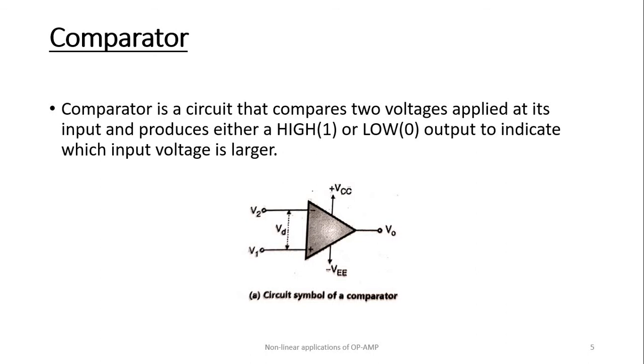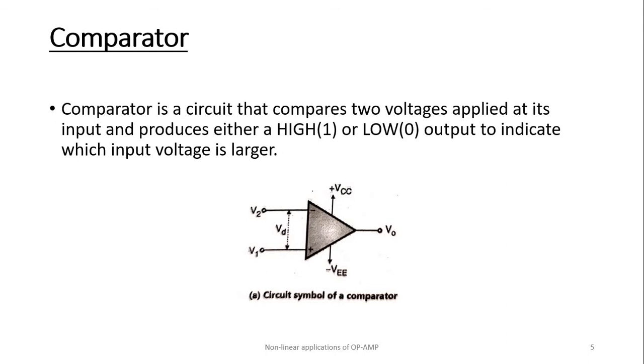Means the comparator has two inputs and one output, and it produces either a high output or a low output. High indicates 1 and low indicates 0. This is the symbol of the comparator. Note that the symbol is the same as that of the op-amp.